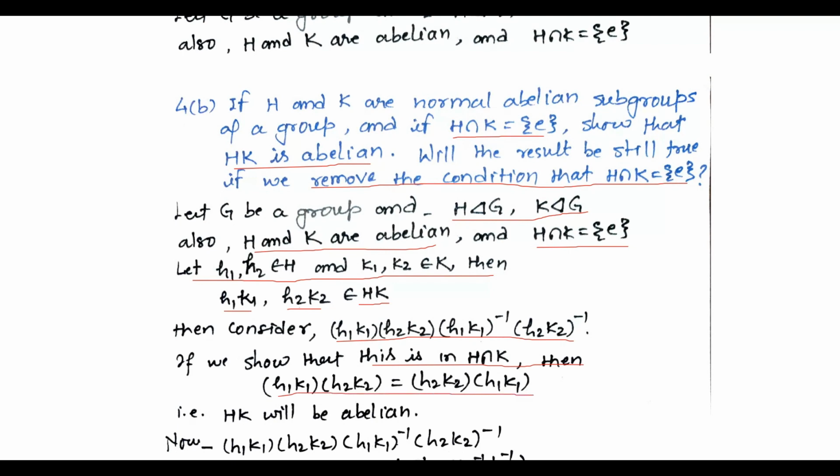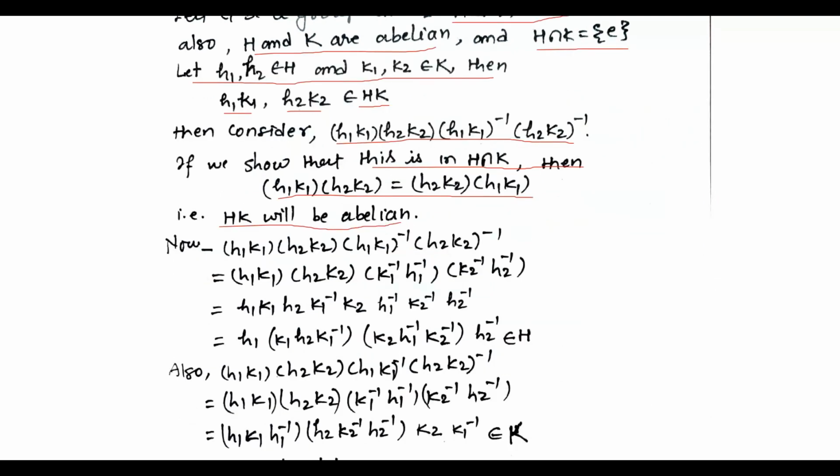Now, h1k1 into h2k2 into (h1k1) inverse into (h2k2) inverse is equal to h1k1 into h2k2 into k1 inverse h1 inverse into k2 inverse h2 inverse.